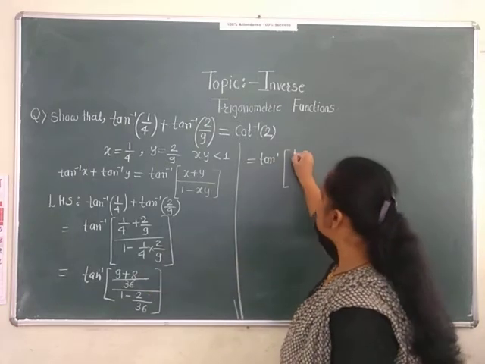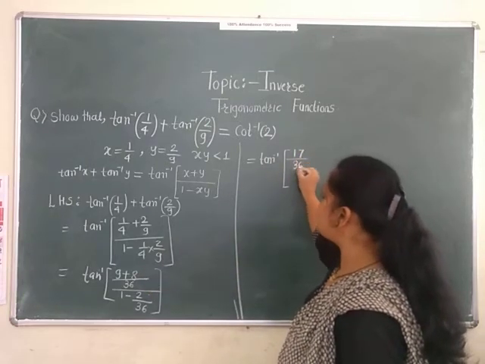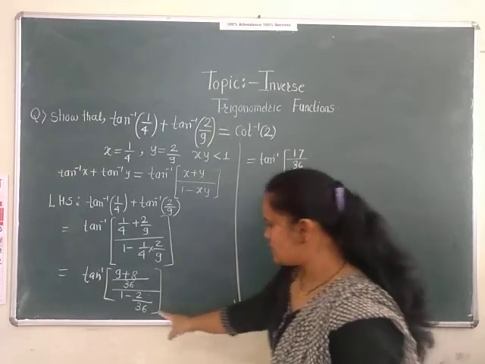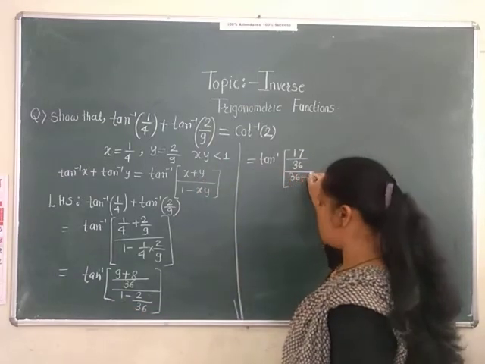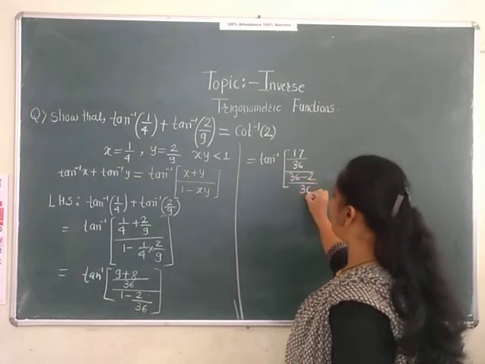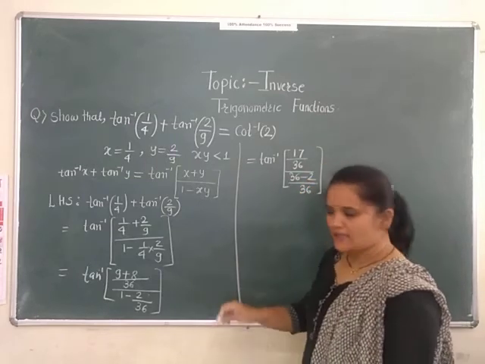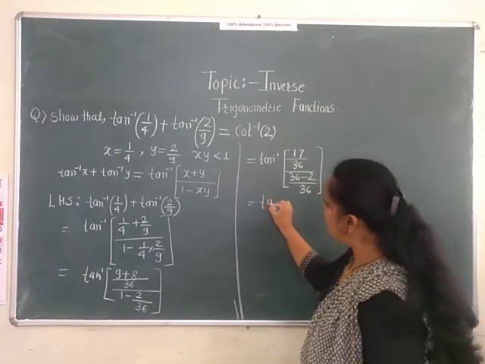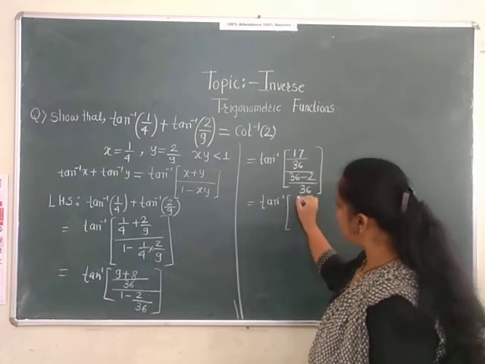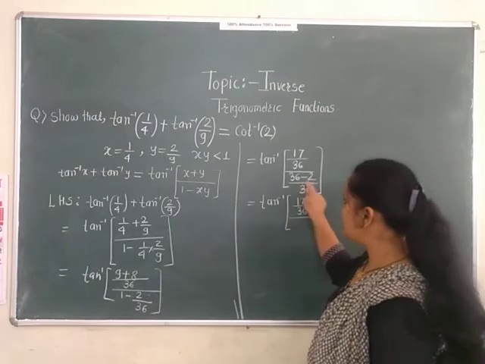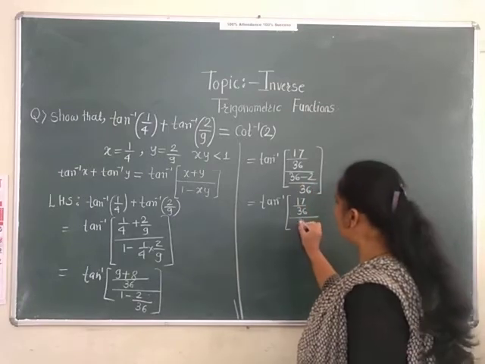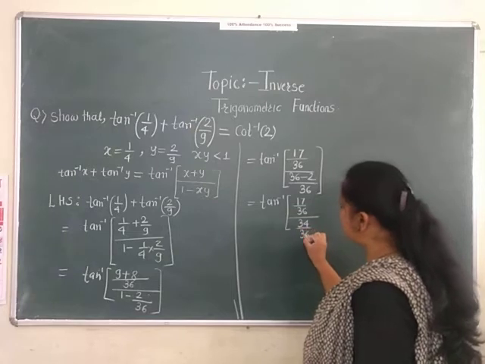This gives you 17 upon 36 divided by, now 36 into 1 is 36, 36 minus 2 divided by 36. Next will be tan inverse in the bracket 17 by 36 divided by 36 minus 2, it gives you 34 upon 36.